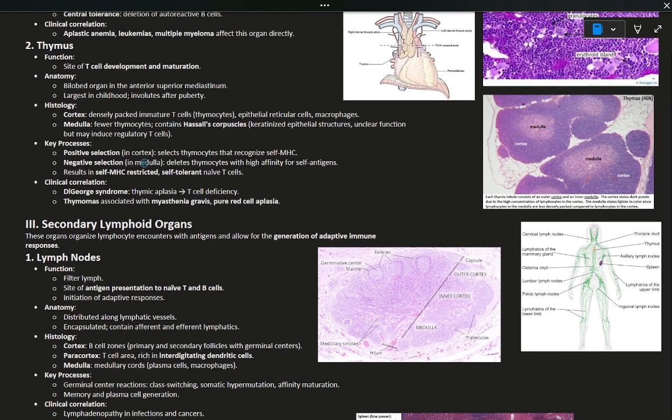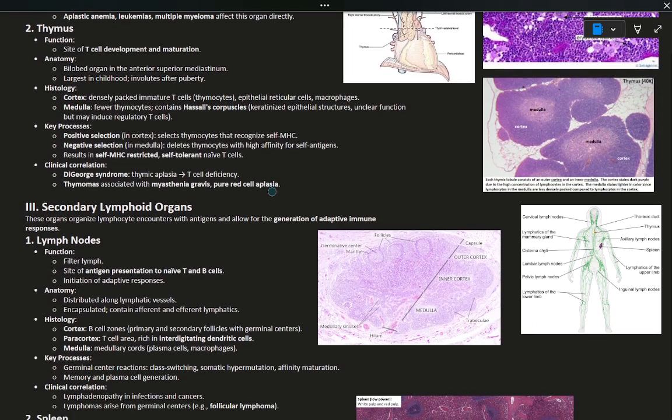The negative selection occurs in the medulla. This involves the deletion of thymocytes with high affinity for self-antigens. This results in self-MHC restricted and self-tolerant naive T cells.